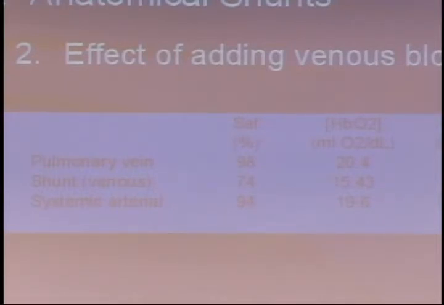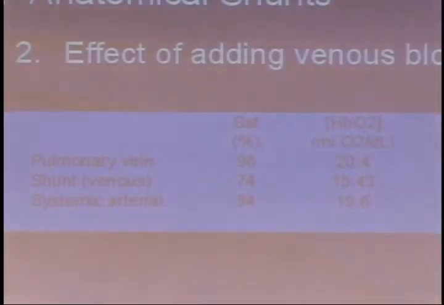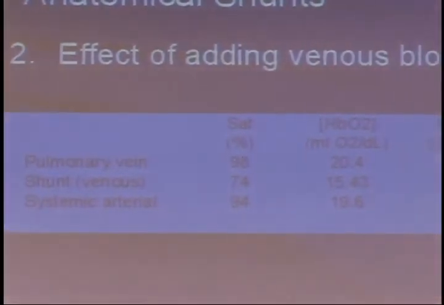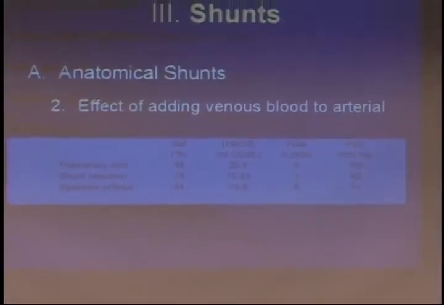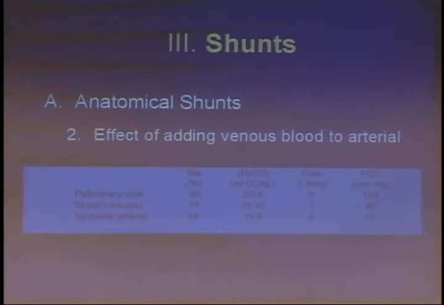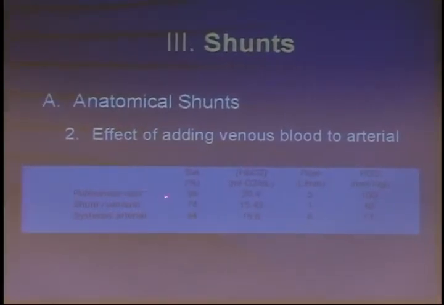Now, in this example, what I did was I calculated the effect of a shunt when we have a pretty good sized one. I'm hoping you can see that with the blue background. So let's look at this first line here. This first row would show the oxygenated blood in the pulmonary vein, and it's going to be almost 100% saturated with oxygen.